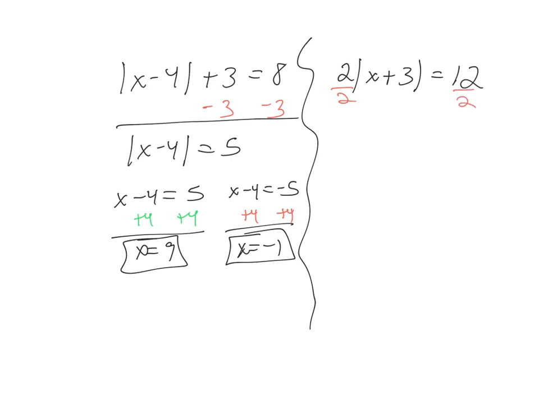So to move it over, I divide. Again, do not do anything to the inside of the absolute value. Okay. Is it no solution? No, because the 6 is positive. Write two equations. And then solve each one.